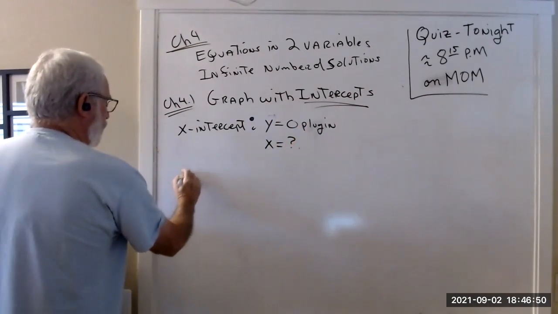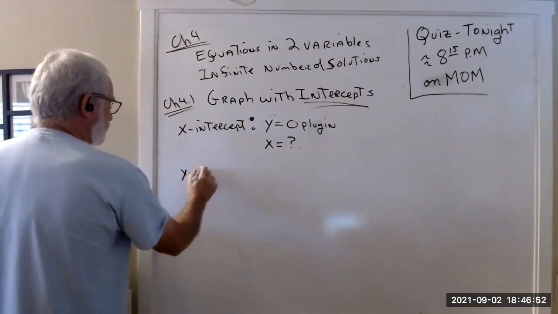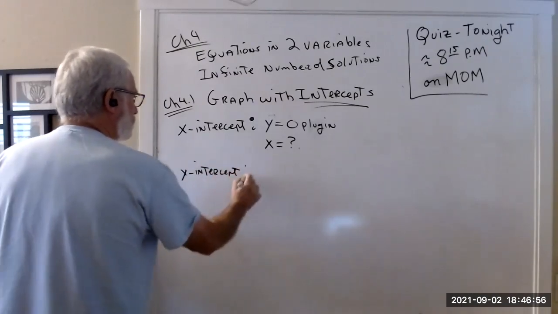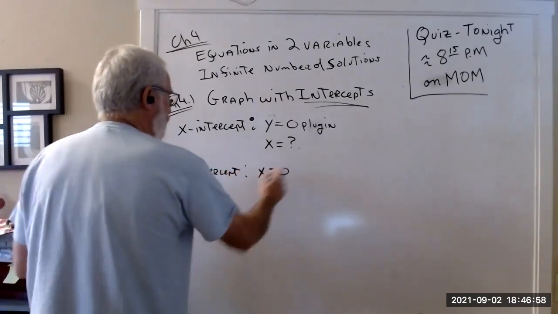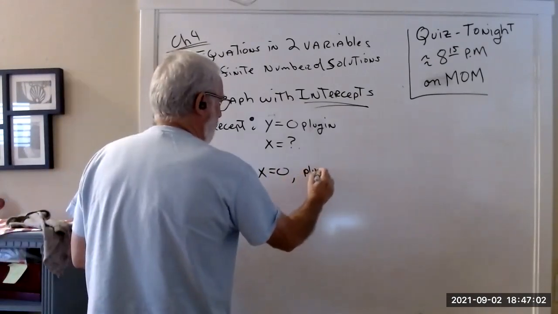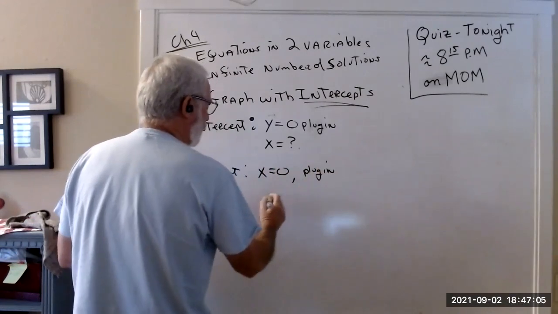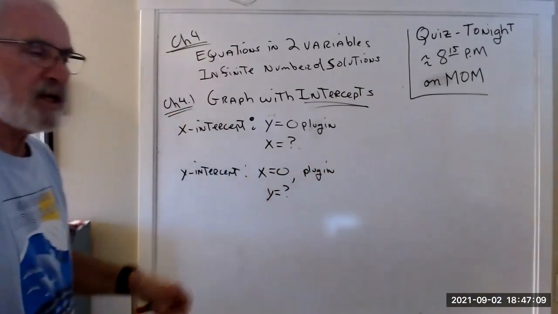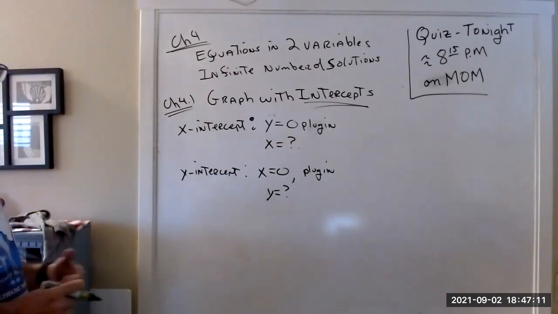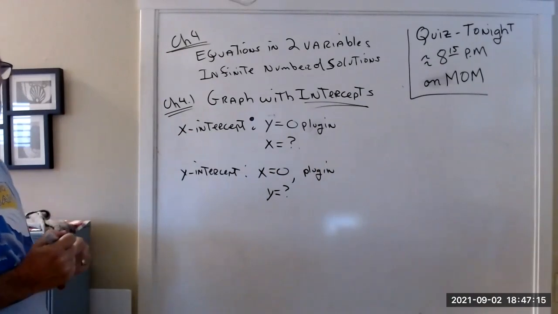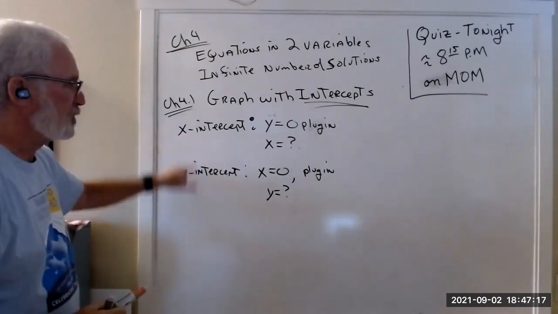And if I say find the y-intercept, we say x equals 0. Okay, and we plug it in and we figure out what y is worth. So it's still building a table of values, but it's building them with specific values. It's building them with the intercepts.